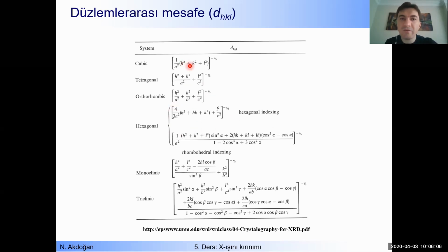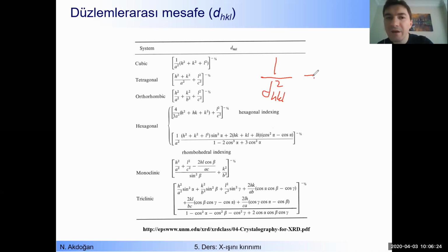In the case of cubic structures, maybe you also know the calculation of d like this: 1 over d square is equal to h square plus k square plus l square, these are the Miller indices, over a square. This a is the lattice parameter. So this is for cubic crystals.